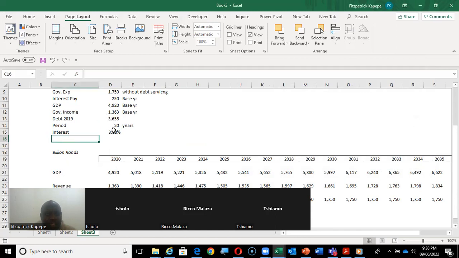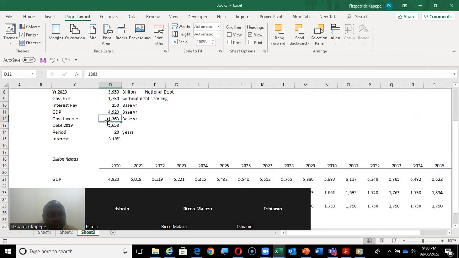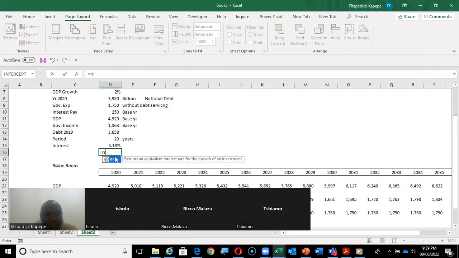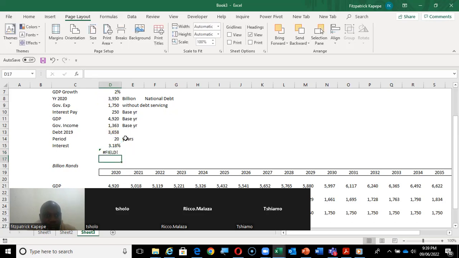I think if I was to try the internal rate, 2020 debt was how much? National debt is 3950. Okay, let me just try 20 periods, present value, future value.